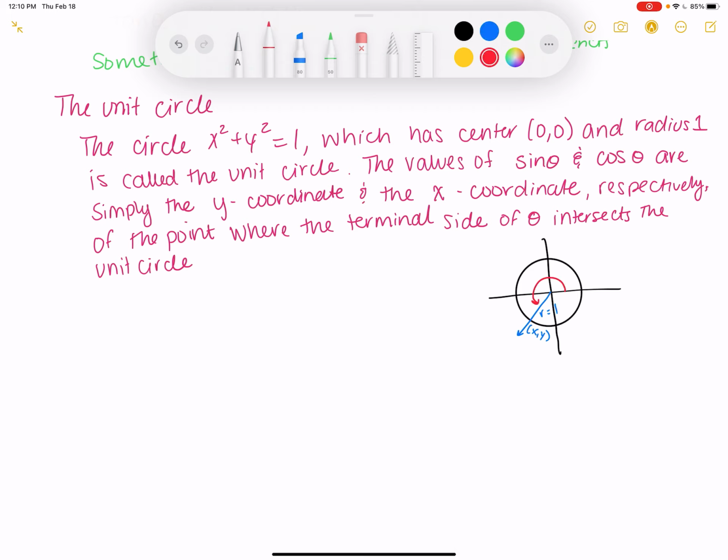Then theta here is the angle. So the sine of theta is equal to y over r, which is y over 1, or just y, and the cosine of theta is x over r, which is x over 1, which is equal to x. So hopefully that helps you see where that's coming from.